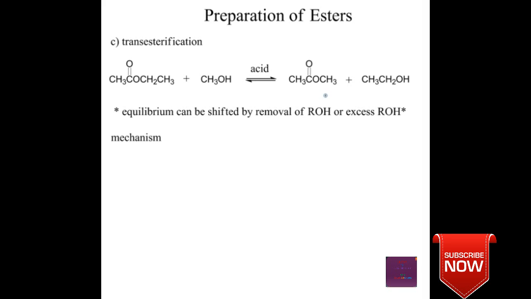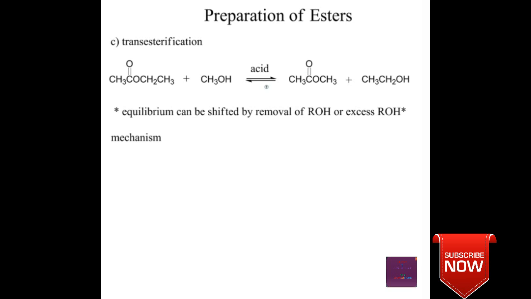But where this really comes into play is very often as an unwanted side reaction. Let's say I was using this ethyl ester and I just happen to use methanol as my solvent in my reaction without thinking of it. What's going to happen besides whatever reaction I wanted to have happen is some of this transesterification.